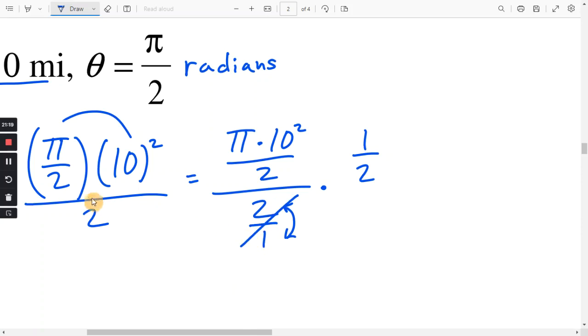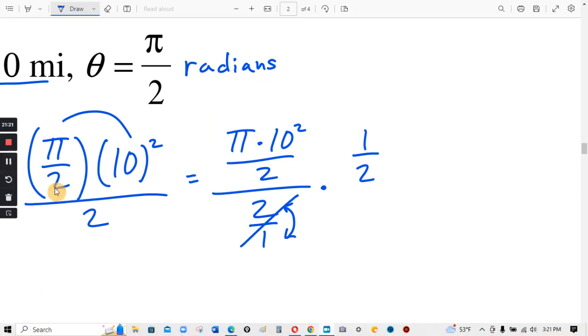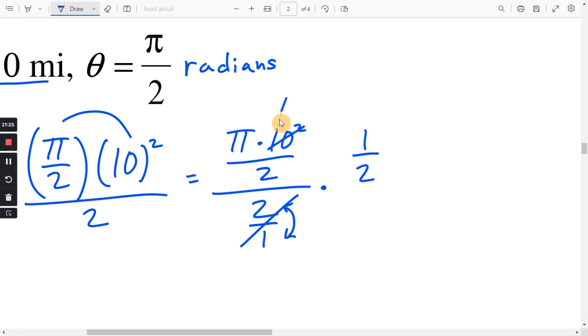All right, let's see what we could do here. 10 squared, or 10 times 10, is 100. And 2 times 2 is 4, but wait a minute. We can reduce 100 over 2. 100 divided by 2 is just 50. And then 50 divided by 2 is just 25.